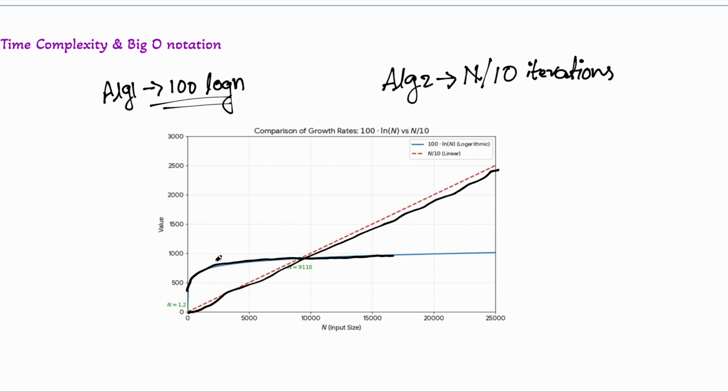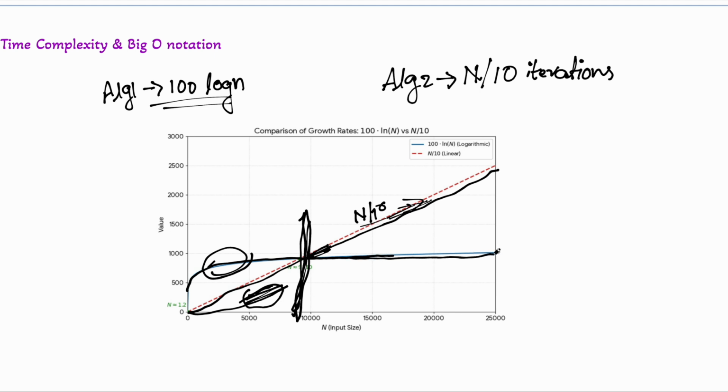So if we see here, till the n value of 9110, n by 10 is giving the best time compared to 100 log n, but after this threshold n by 10 keeps growing, but 100 log n still gives us the best time.